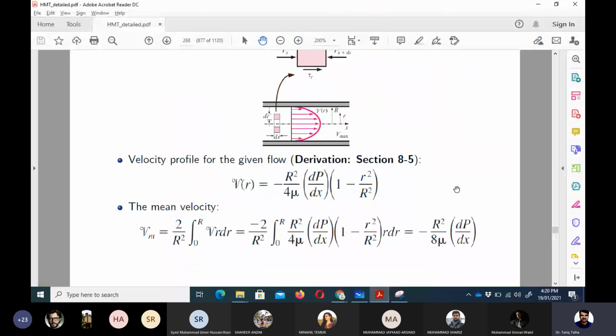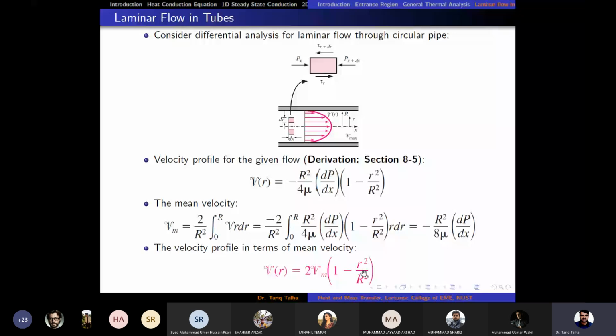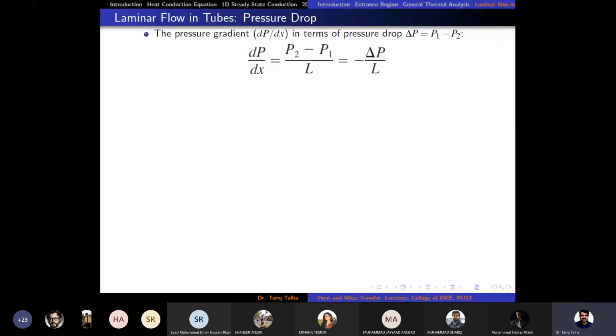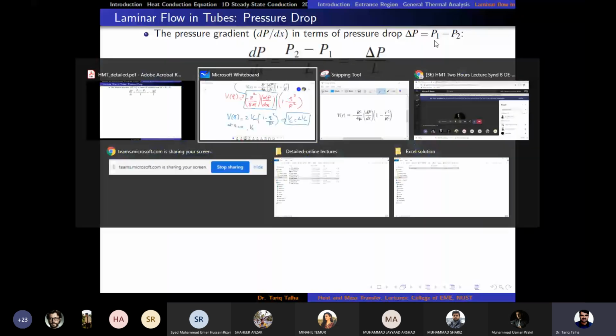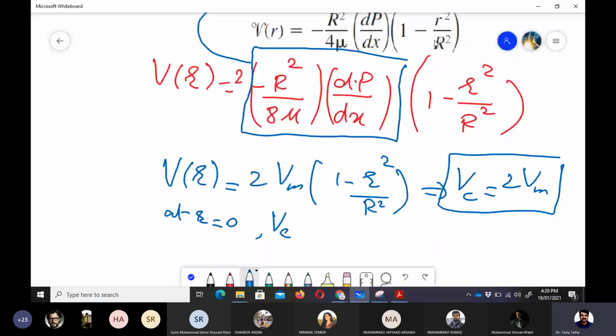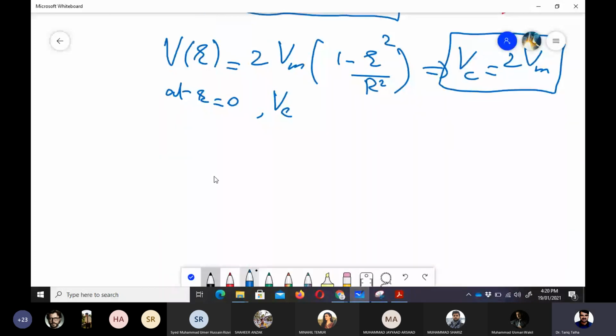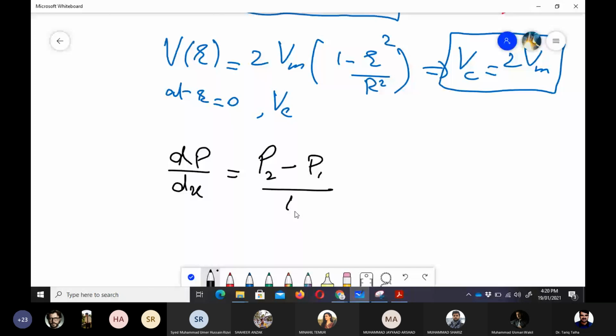So that derivation I have done here, V of R is equal to 2Vm into 1 minus r square upon R square. Because dP by dx is the gradient, we can also write it in terms of delta P. What is dP by dx? It is basically the pressure at the final value minus the pressure at the initial value divided by the length of the pipe. And if we talk about pressure drop, that is P1 minus P2.